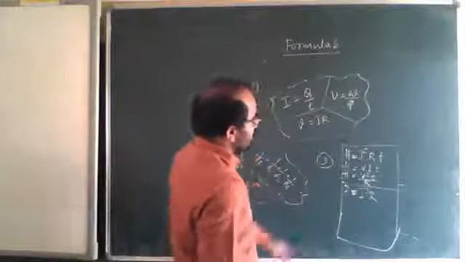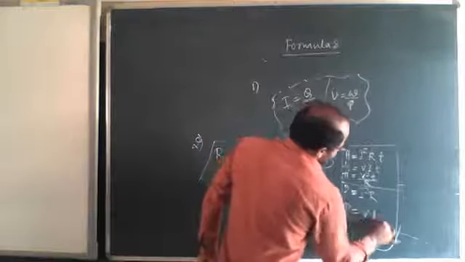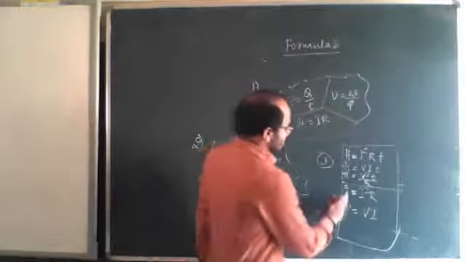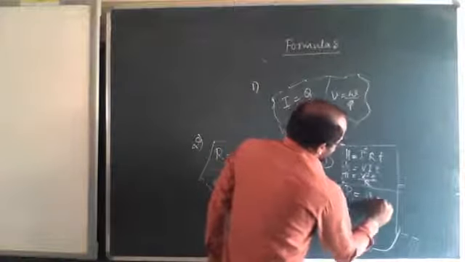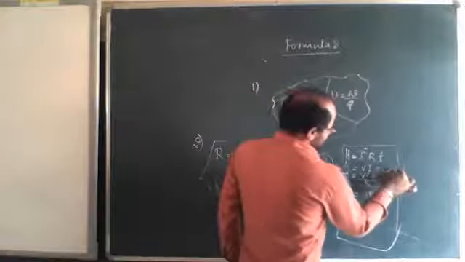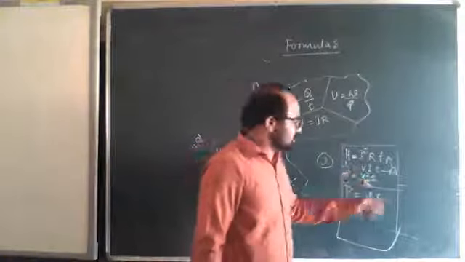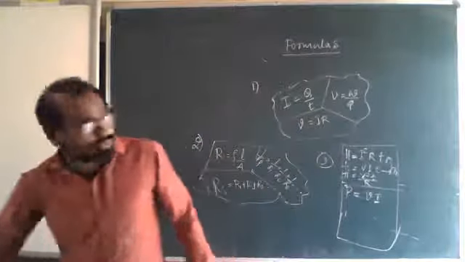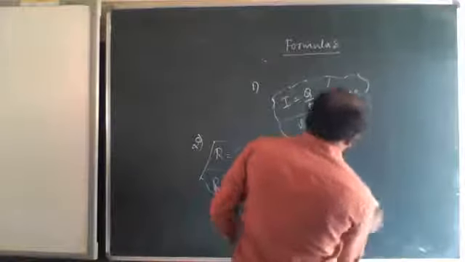Now VIT, so P is equal to VI. Or you make this one as the first formula. This is the proper one, P is equal to VI. Here also it is better you write this as the first formula, and after that you write this. So I will write it down.